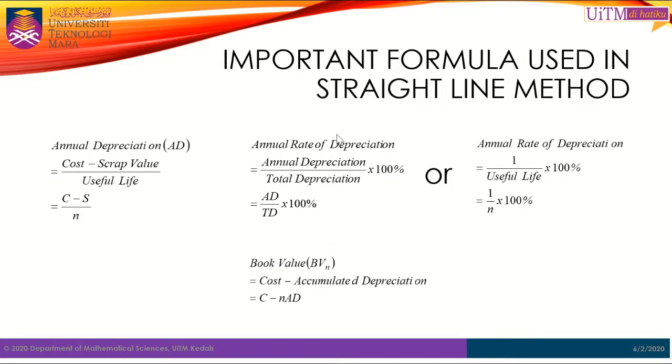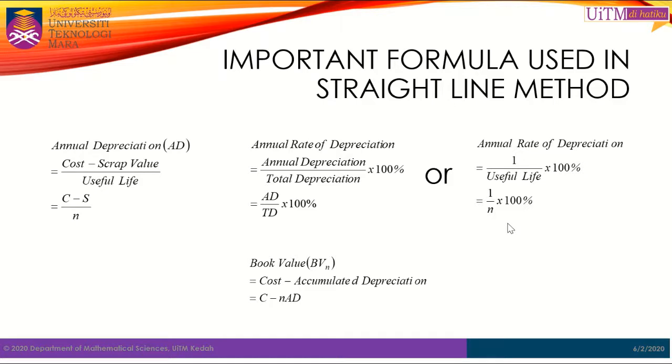To get the rate of depreciation, we have two methods using the straight line method. First, take the annual depreciation divided by the total depreciation multiplied by 100%, or simply AD divided by TD, the total depreciation, multiplied by 100%. Or you can calculate the rate of depreciation using the useful life, which is 1 divided by the useful life times 100%, so 1 divided by N times 100%.